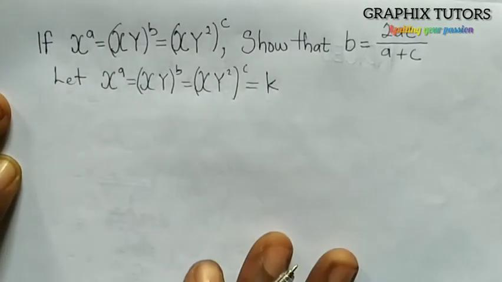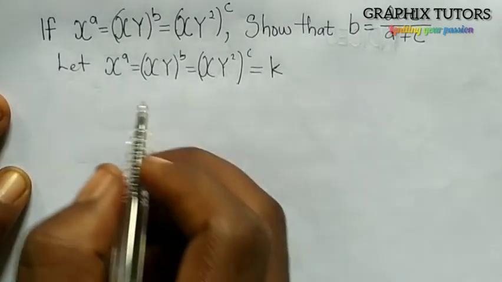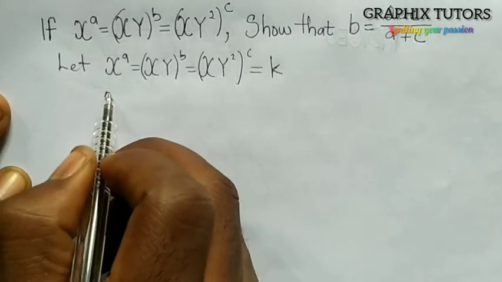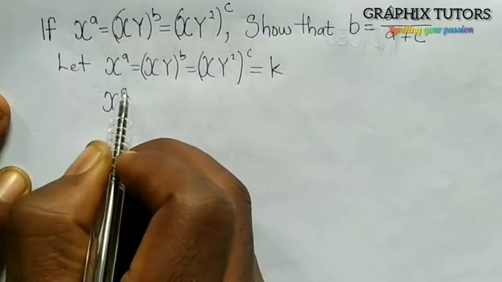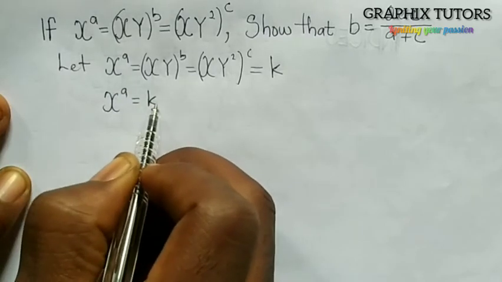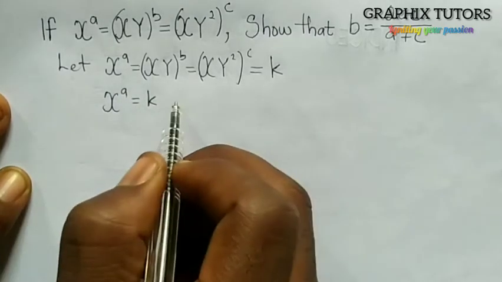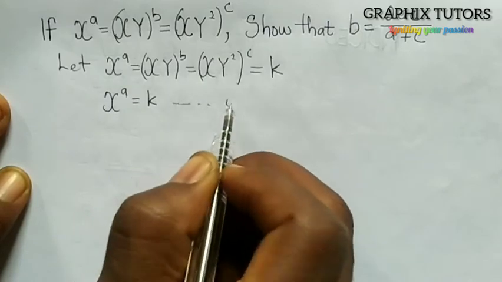So it simply means that my x^a is equals to K. I'll call it equation 1.